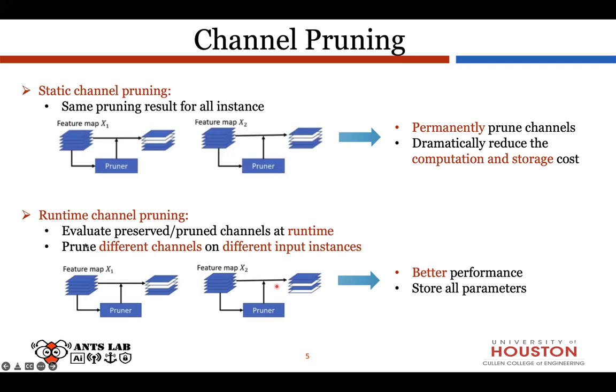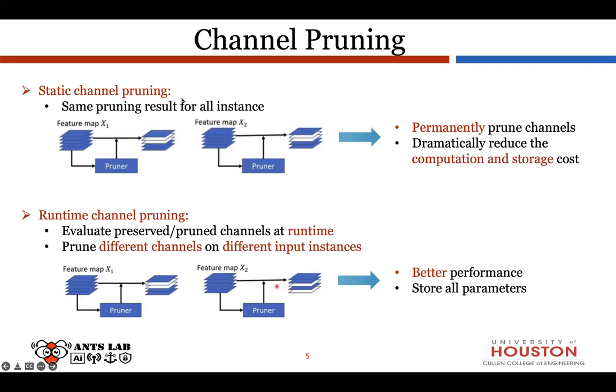Yes, I think for runtime pruning, the advantage is the better performance. We can preserve the accuracy. Oh, so they can preserve accuracy, but they introduce more computation compared with the static channel pruning. But we can still save the time compared to the original model and improve the accuracy compared with the static channel pruning.